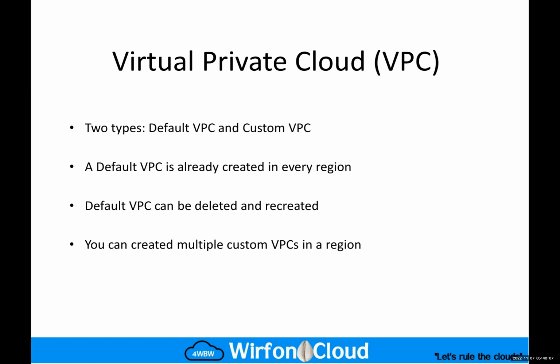A custom VPC is a VPC that you create by yourself. The default VPC is already created in every region when you create an account in AWS. But you can go ahead and create multiple VPCs in each region.